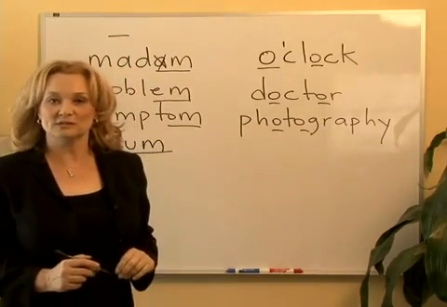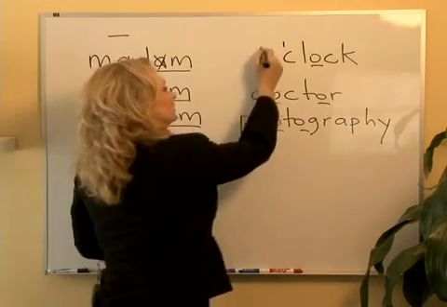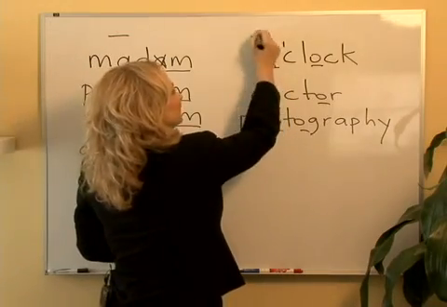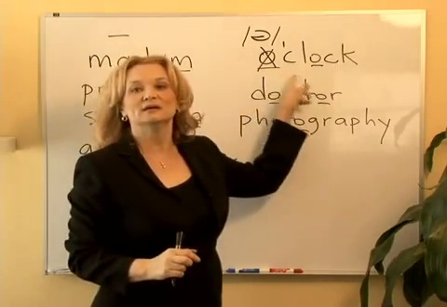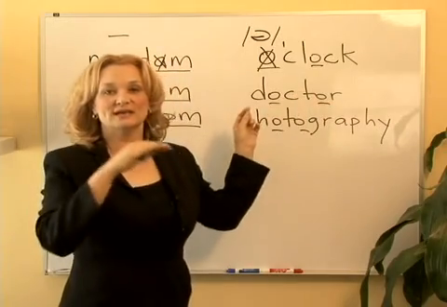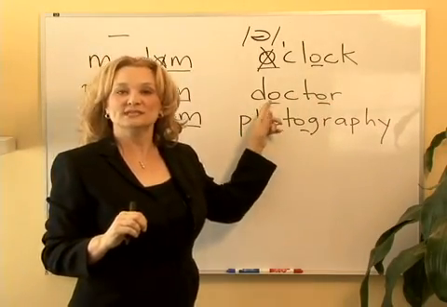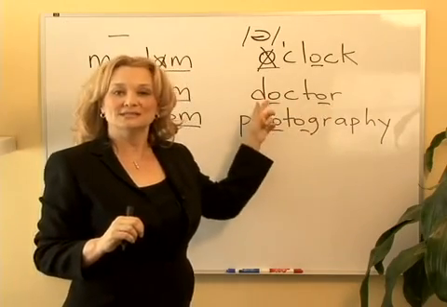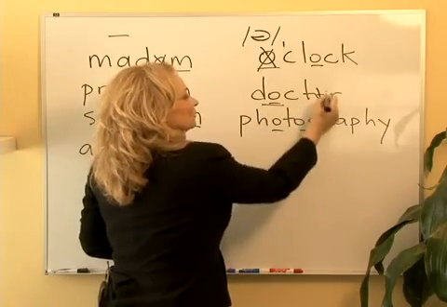The second syllable is stressed. So this one disappears and becomes a reduced sound, so we say o'clock. We don't say o'clock, we say a clock. How about this one? Do we say doctor or doctor? No, we don't. We stress the first syllable, we reduce the second.